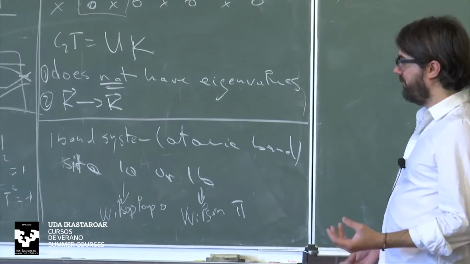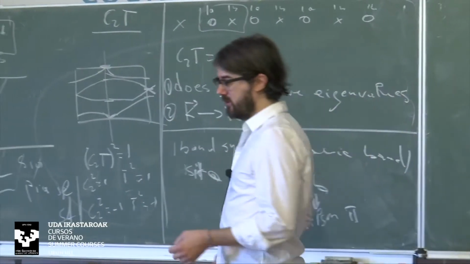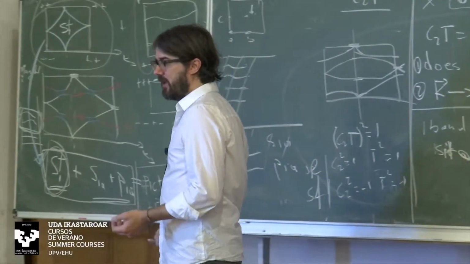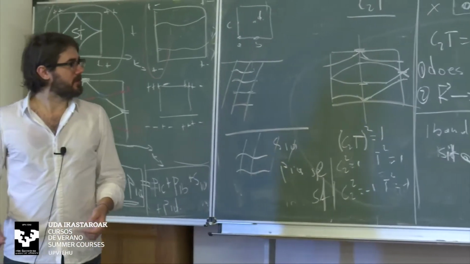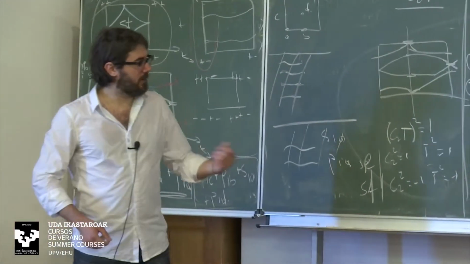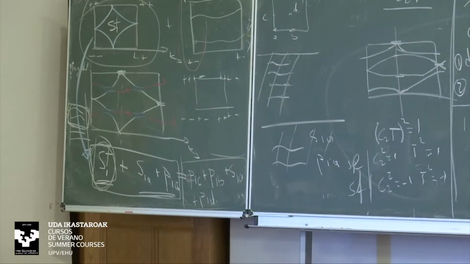So you don't have anymore the nice eigenvalue structure that I had with inversion. So what's gone? sp hybridization is gone. So I cannot describe things by s or p orbitals.